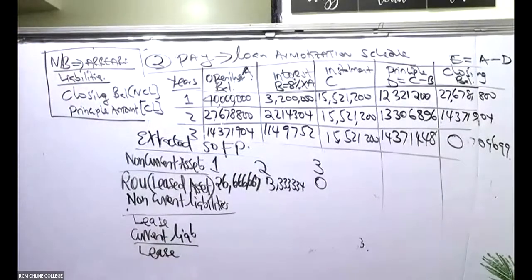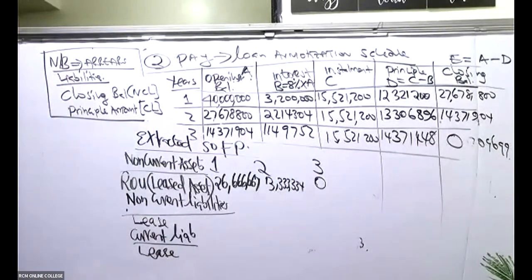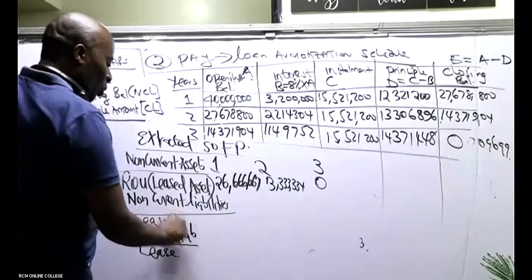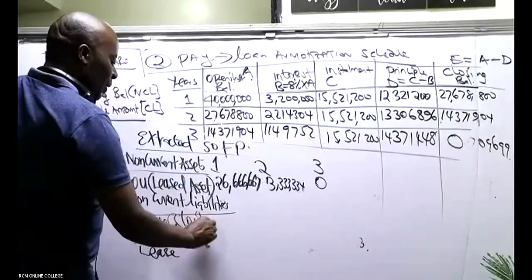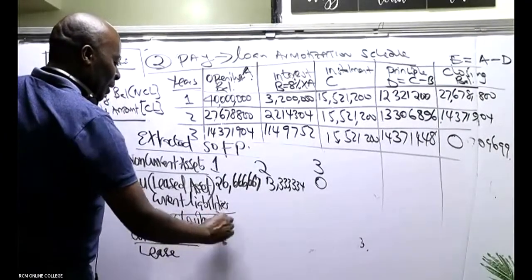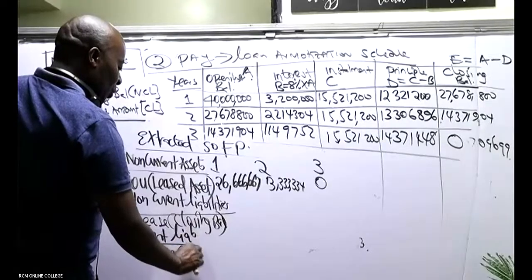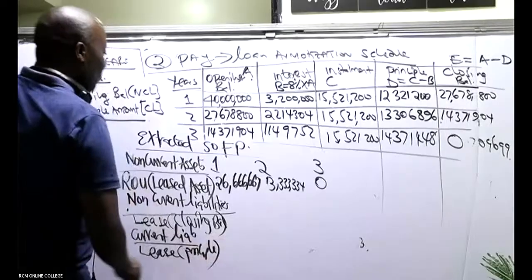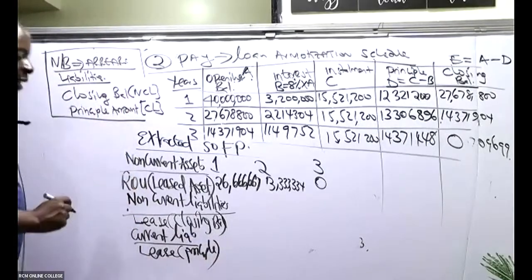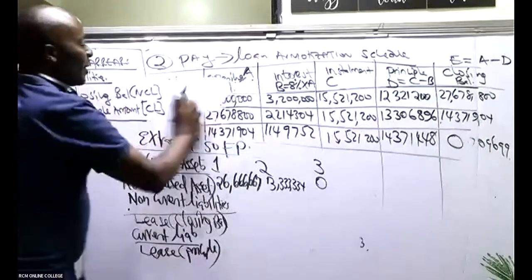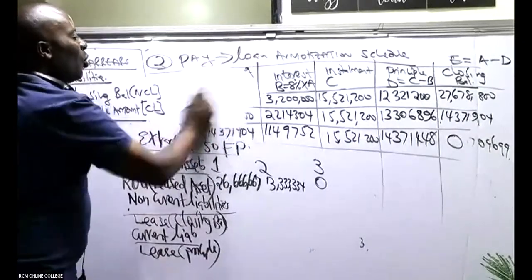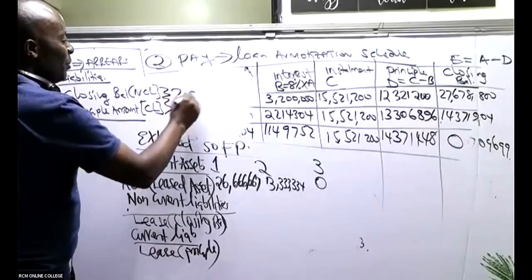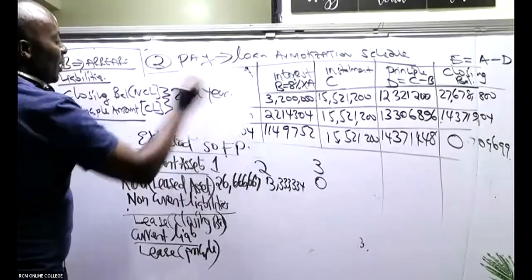So remember, here you're going to pick what we call the closing balance, and here you shall pick the principal amount. But now remember, you will start from the second year. The figures you pick will always be from the second year.